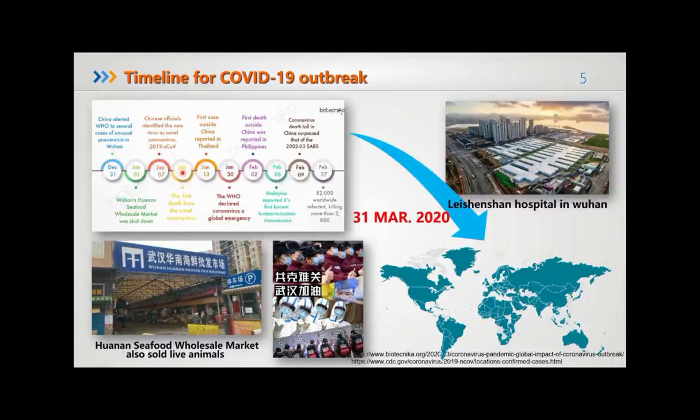More than 40,000 medical staff from other provinces gathered in Hubei province, and most of them went to Wuhan city for treatment during the outbreak.